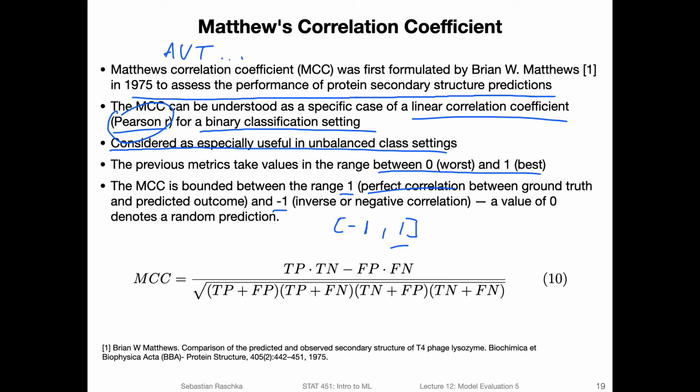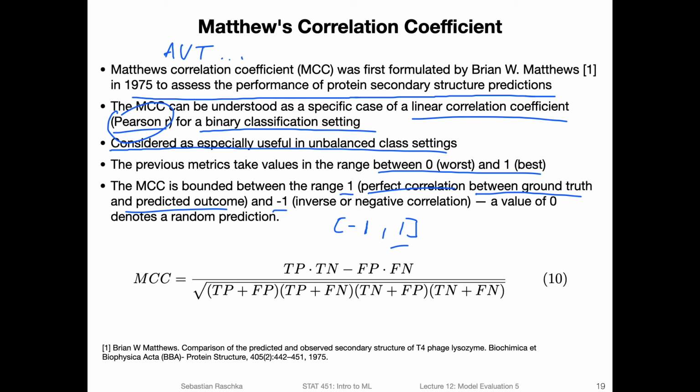And analogously, for Matthews correlation coefficient, you have a perfect correlation if you have a 1. So that means that you have a perfect match between the actual ground truth label, so the true label, and the predicted label. And if you have them completely flipped, if you predict every positive as negative and every negative class as positive, then the correlation coefficient would be -1.